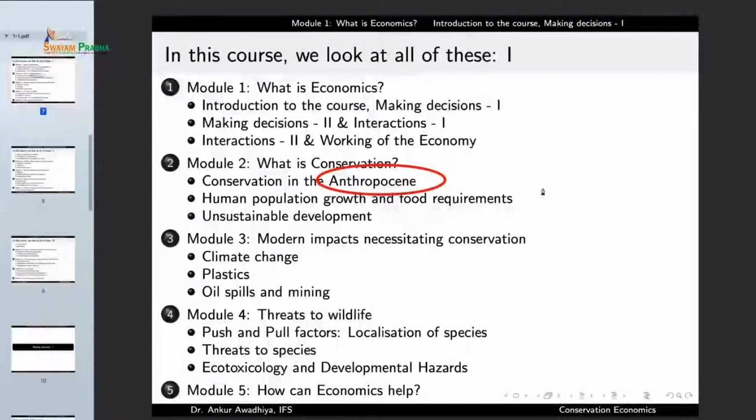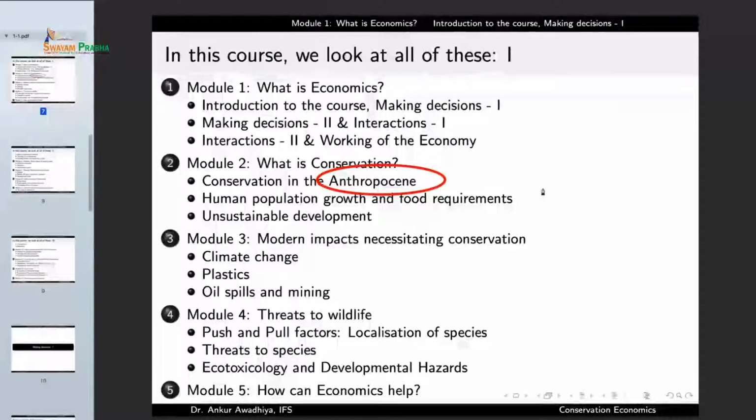So we call the current era the Anthropocene because in today's era, the impact of human beings on everything, on climate, on geology, on biodiversity, is much greater than any other factor. We say that today is the man's age. But in this Anthropocene, the age of human beings, what is the need for conservation? Do we need it or not?